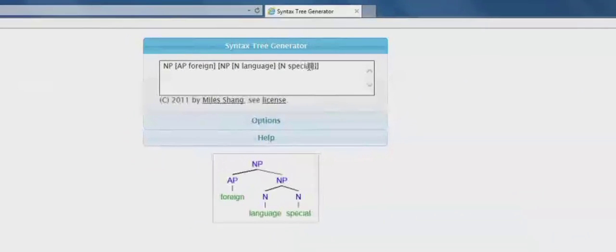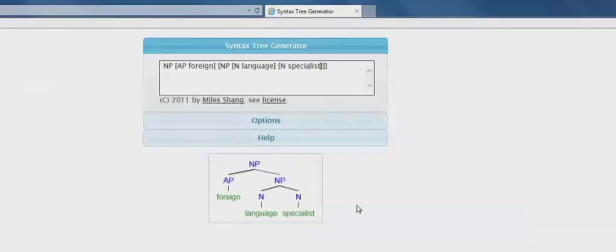That's right. And then the NP consists of a noun first. The noun is language. And then another noun, specialist. Does it make sense? Good. It looks perfect, right?